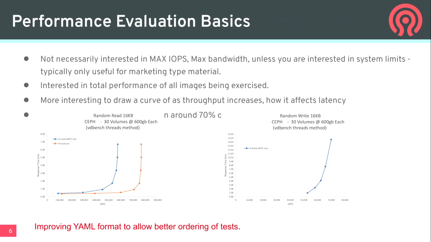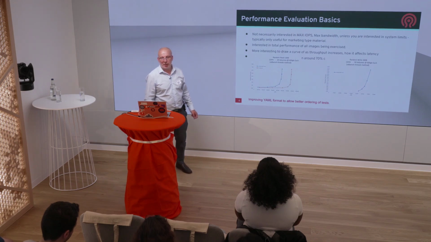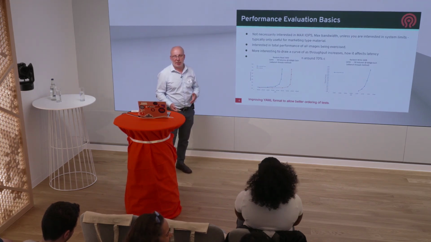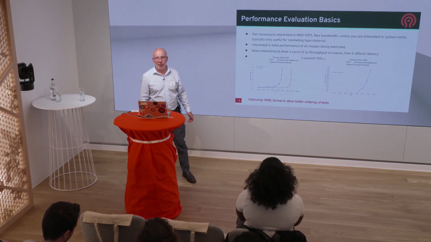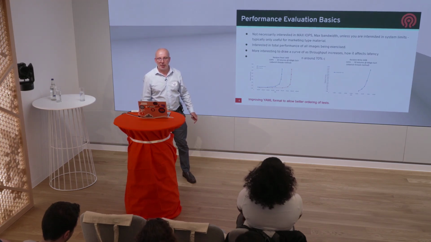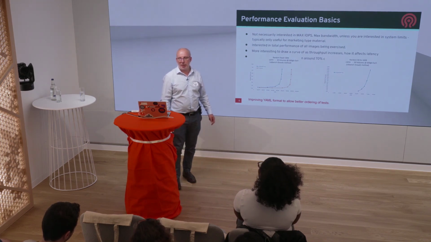Other thing is that you're not necessarily interested in the max IOPS or max bandwidth unless you're looking for what the system limits are. So typically, max IOPS and max bandwidth are really only interesting in most cases for marketing, bragging type material, because most customers are really interested in what am I going to get. Because if you sell a system that can do 100 gigabytes a second, and then the customer plugs it in, does the first few IOs and doesn't get 100 gigabytes a second, they'll be very disappointed.